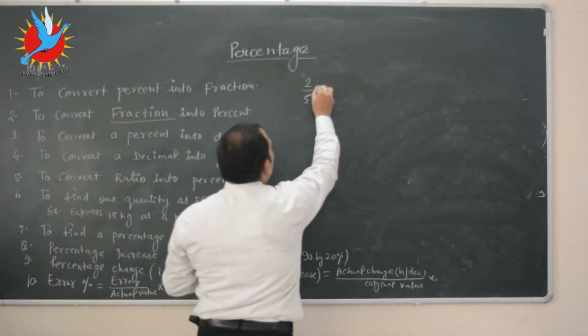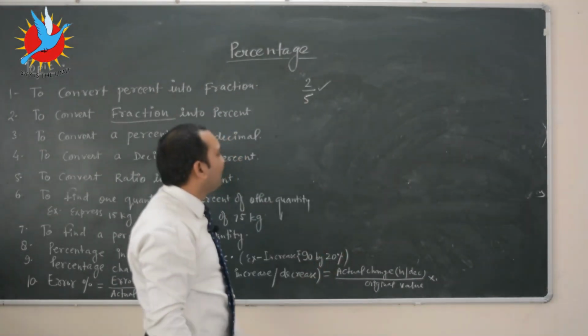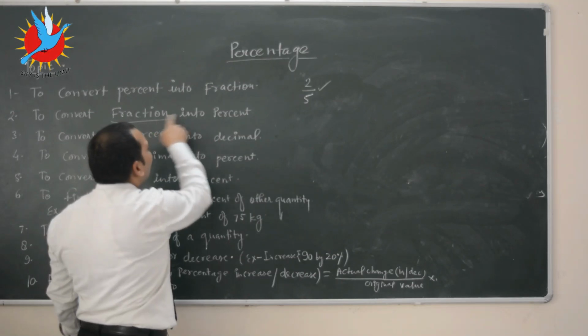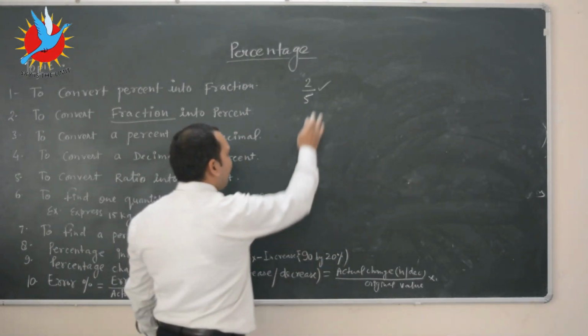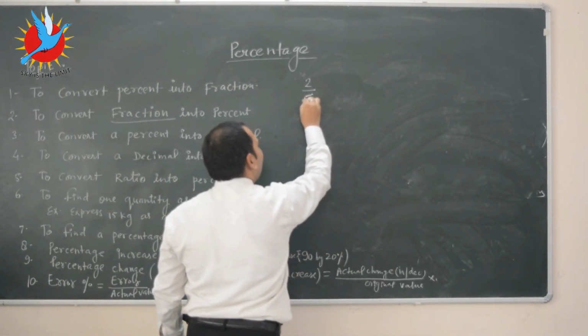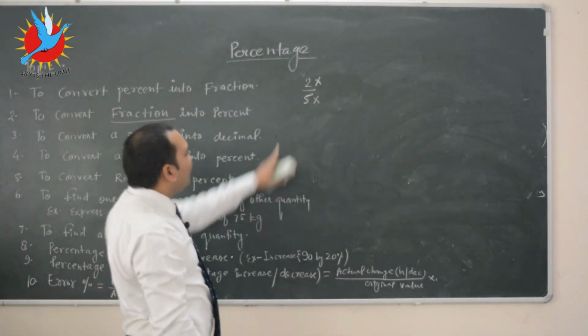The fraction is given, 2 upon 5, and we want to convert it into percent. So there are various methods to convert the fraction into percent. Either we multiply by 100, or we make the denominator 100. By which number do we multiply here so that the result will be 100?